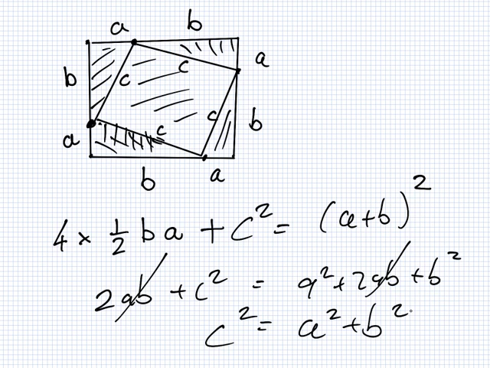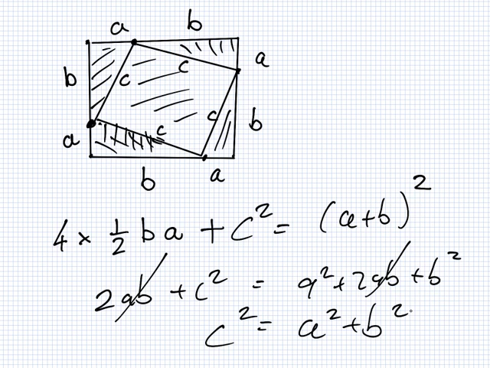If you're interested, you can Google tonight. Let's see what page this is. If you just Google proofs of Pythagoras theorem, you'll get hundreds of them. Okay, do we have this?